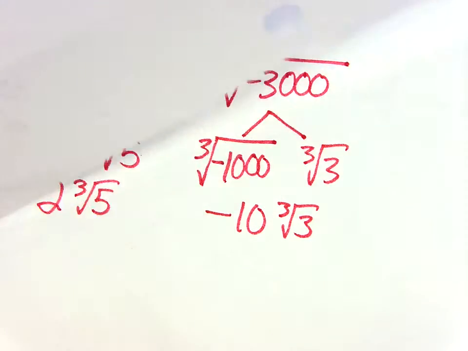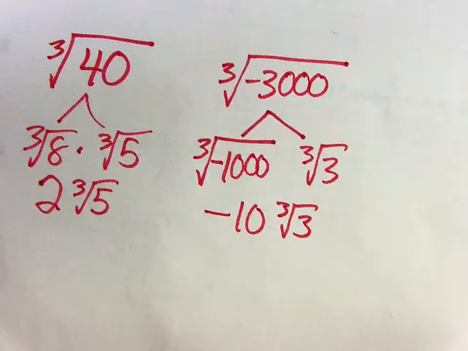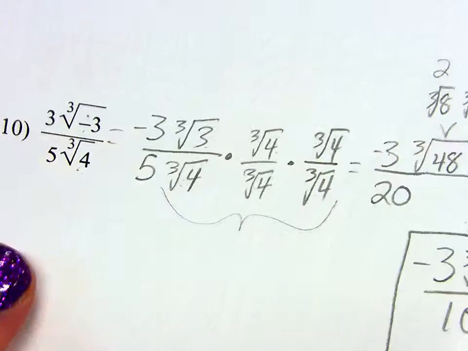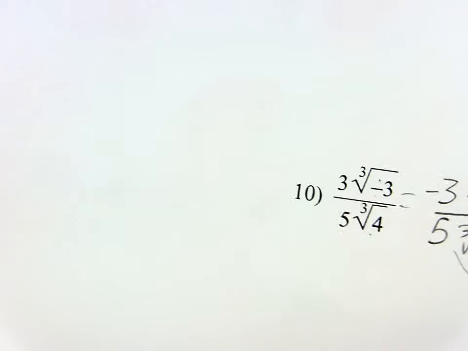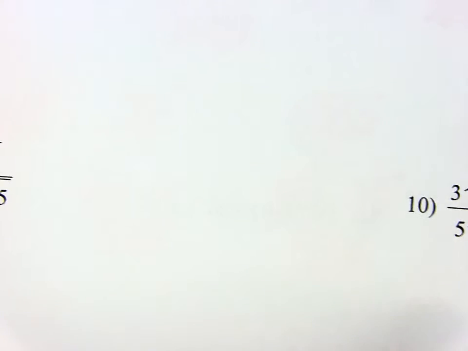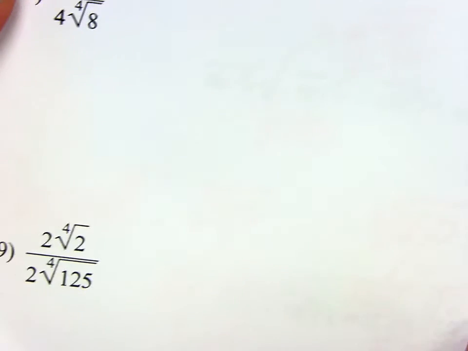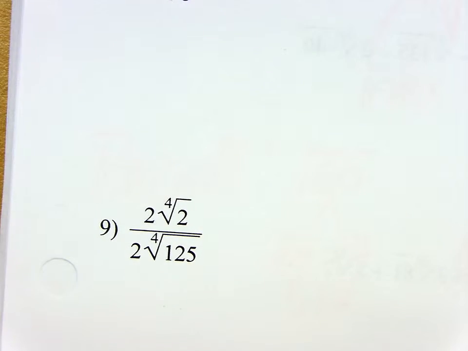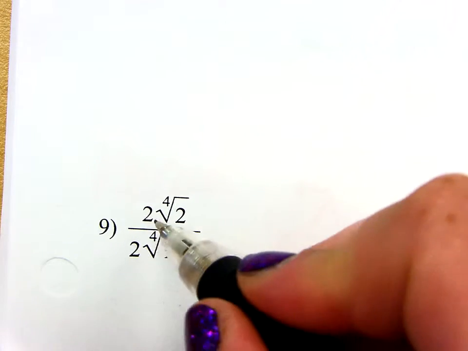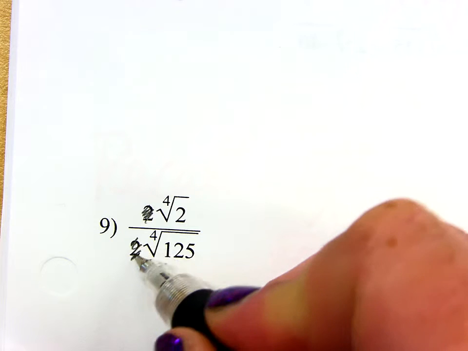Do I have more on the back of these? Oh, good, I do. So let's try one on the back. Let's do a fourth root one. You want to do 9? Okay. So 9 is a fourth root. Right from the outset, 2 over 2, they're just gone.